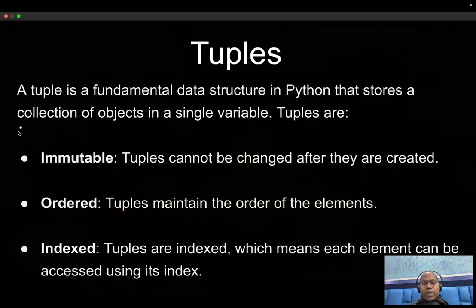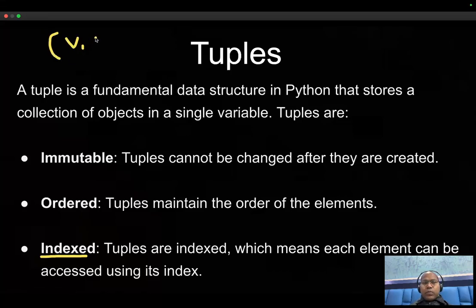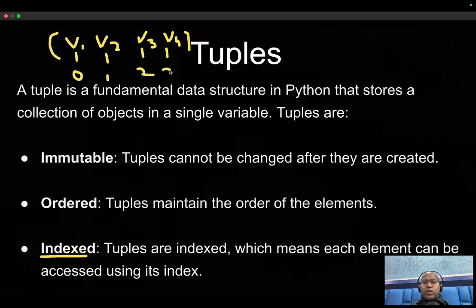And the third is that tuples are index based. Whatever values you put in, value 2, value 3, value 4, are internally maintained by index: index 0, index 1, index 2, index 3.